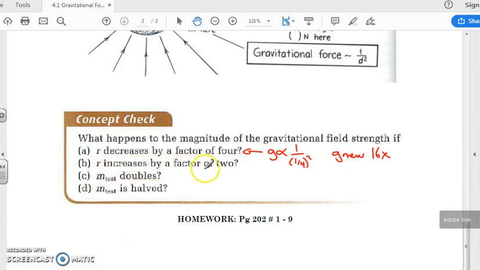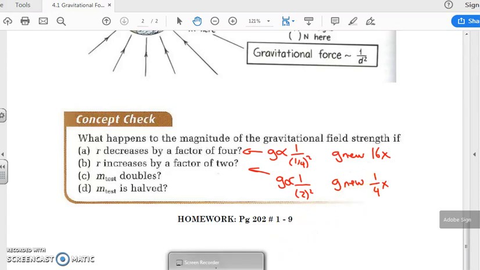What if r were to increase by a factor of 2, so we're doubling the distance? Well, again, g is proportional to 1 over r squared, which means our new g is going to be 1/4 that of what it used to be.